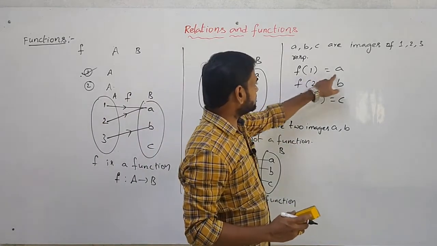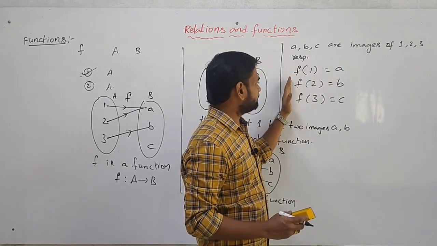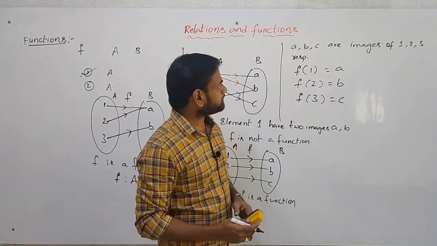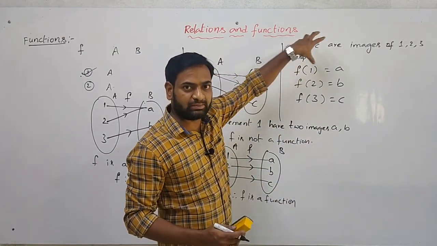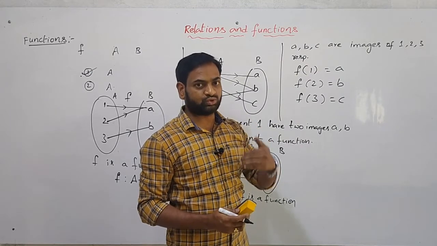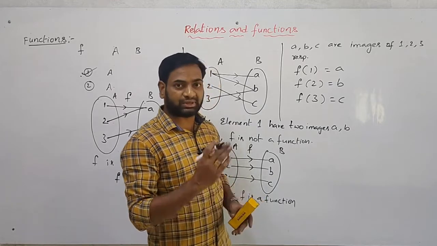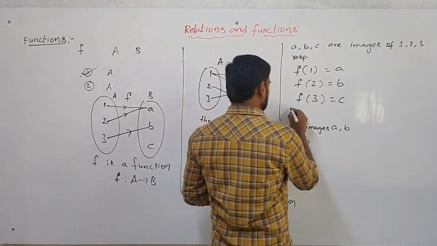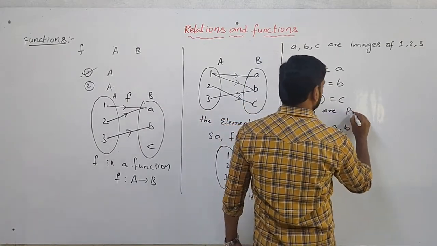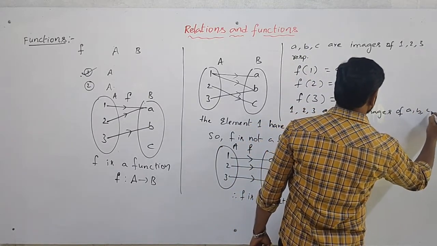So the image of 1 is A, the image of 2 is B, the image of 3 is C. So f of 1 is equal to A, f of 2 is equal to B, f of 3 is equal to C. Now see, A, B, C are the images of 1 to 3. So these 1 to 3 are called pre-images of A, B, C. 1, 2, 3 are pre-images of A, B, C respectively.